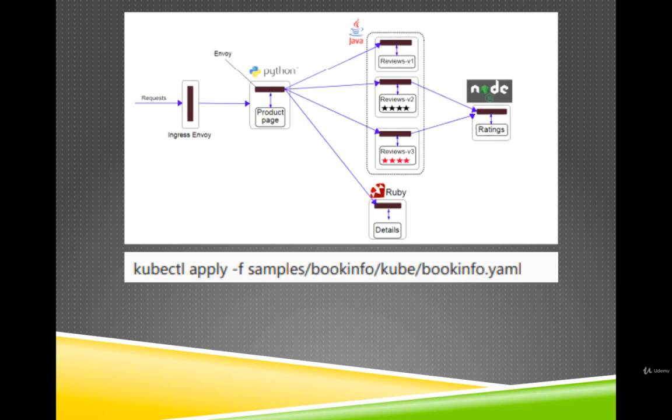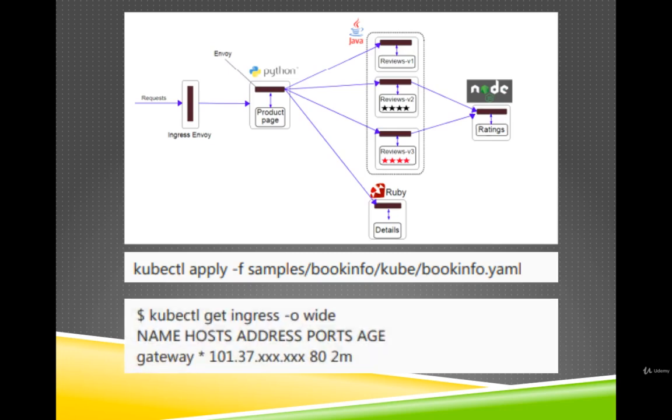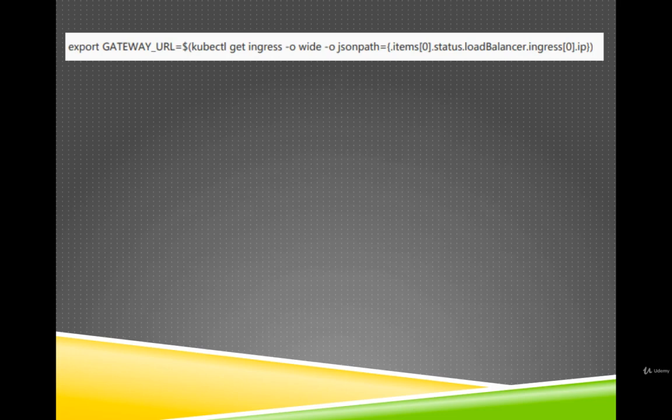Run the following command to obtain the IP address of ingress, as you can see at the bottom of the screen. If the preceding command cannot obtain the external IP address, run the following command to obtain the corresponding address. Again, you can see the command on the screen.